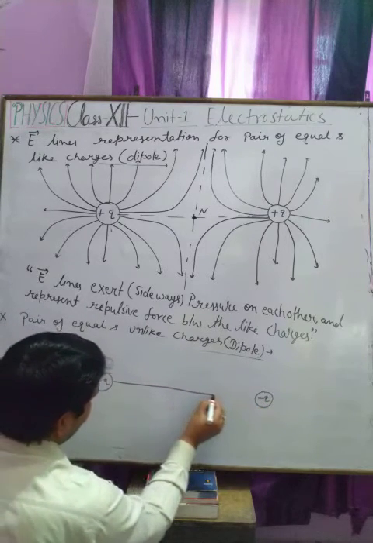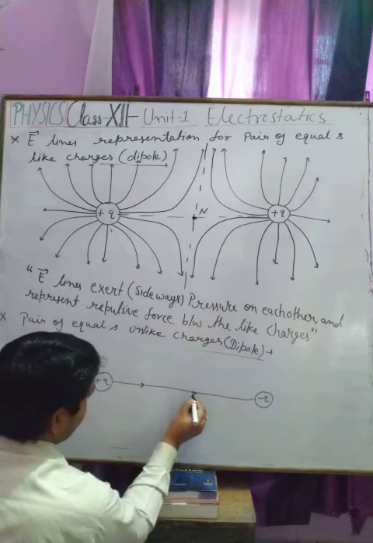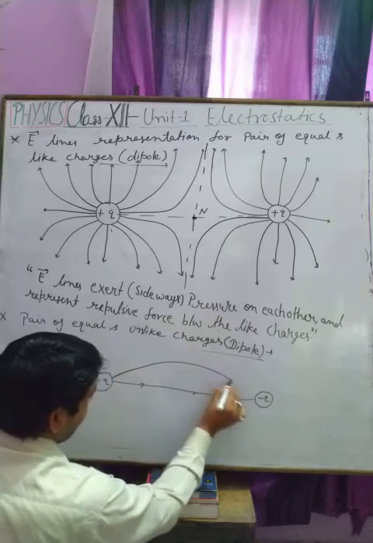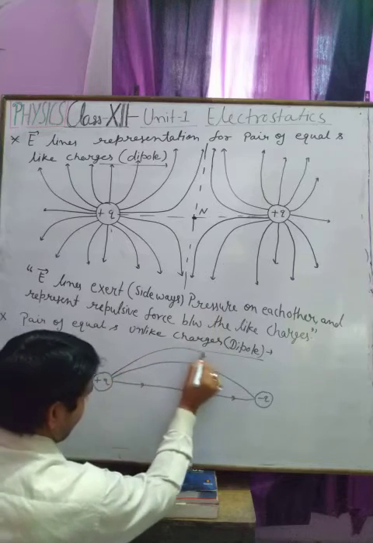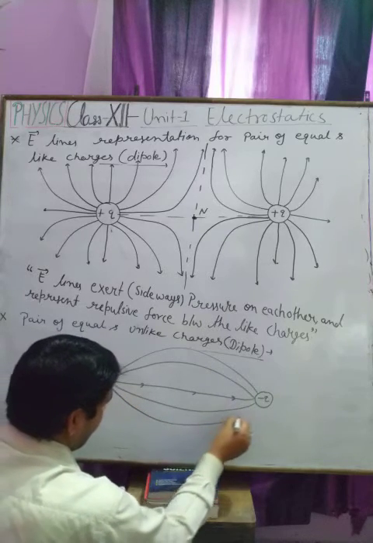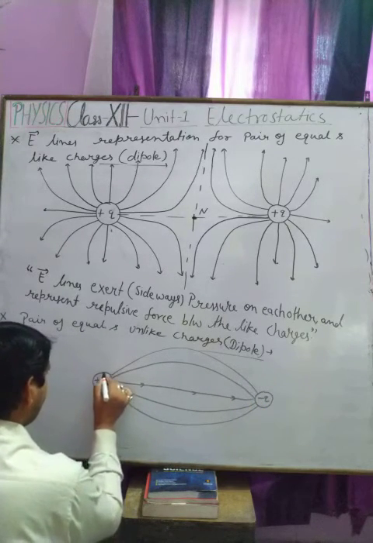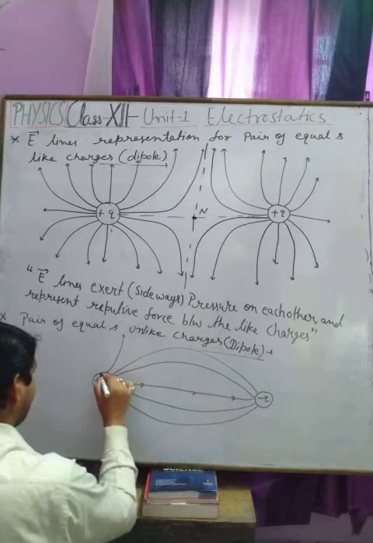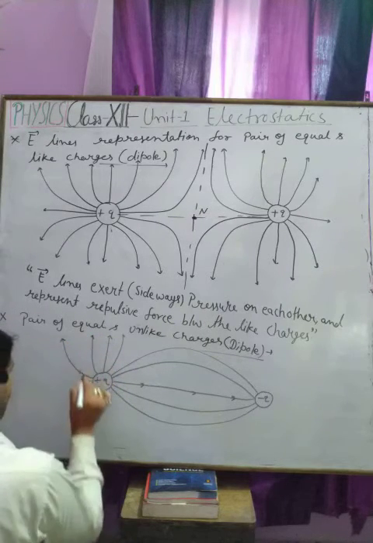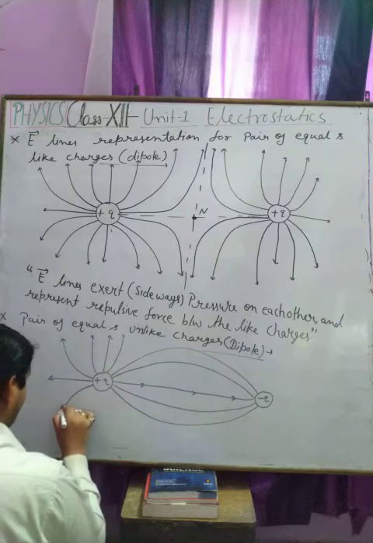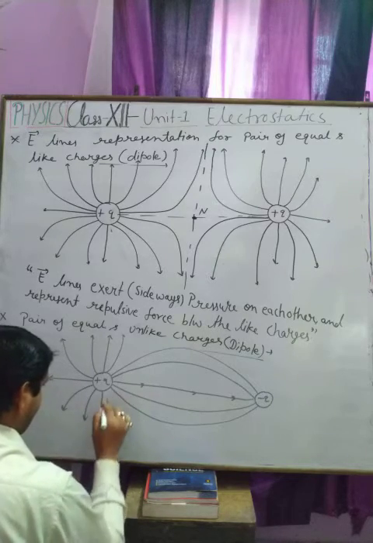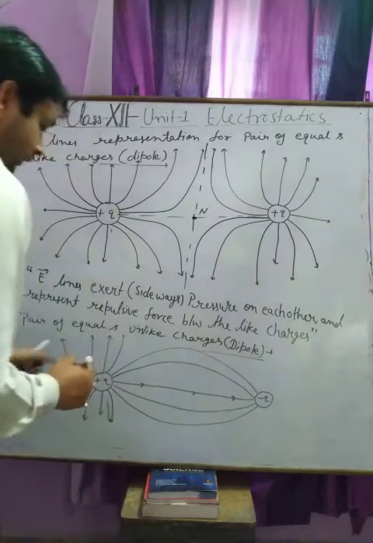We draw the field lines first. Center to center is a straight line. Like this.